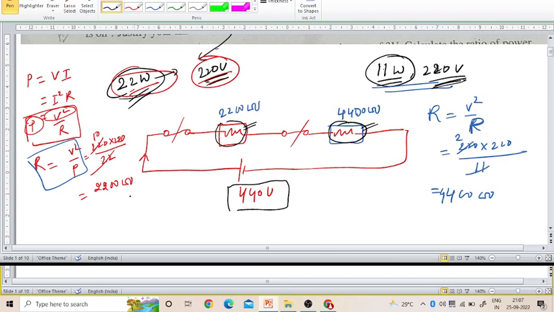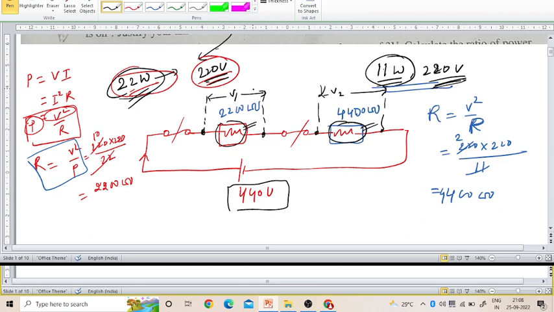First of all we have to calculate the voltage across each. Say it is V1 across the first, and V2 across the second.